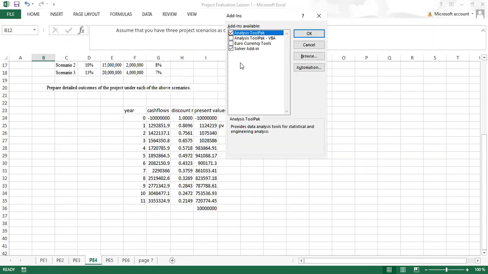Make sure the solver add-in is ticked and the analysis toolpack also is ticked. This one, VBA, is for macros. It's not a must. Make sure these two are very important for you if you are doing business data analytics. They must be ticked so that you can perform some things on Excel.